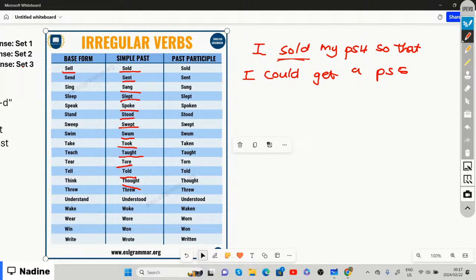Exactly. So wear and wore. And if we make a sentence using one of those, I use the sentence understand and understood. Yes, that is correct. Sleep and slept. Wear and wore.